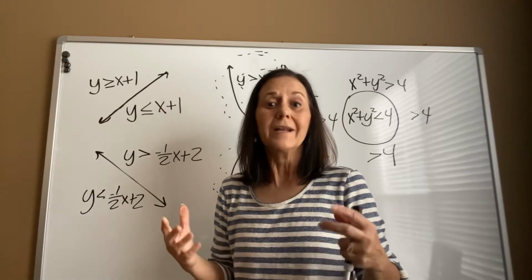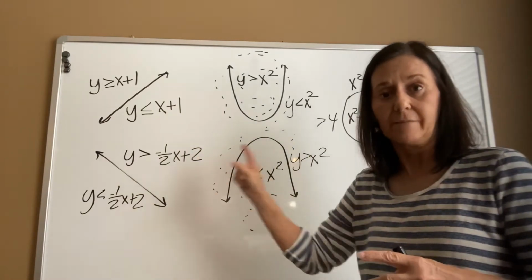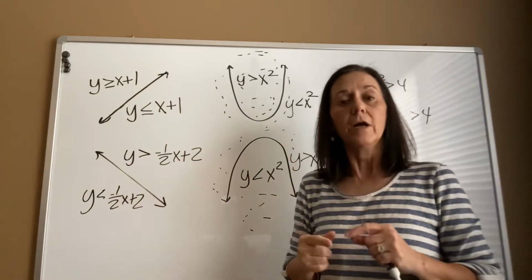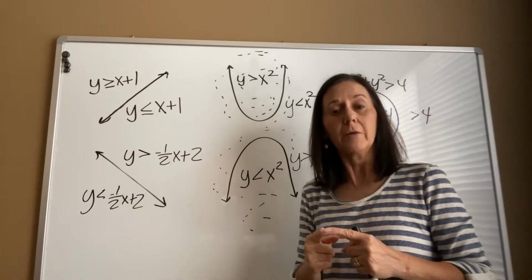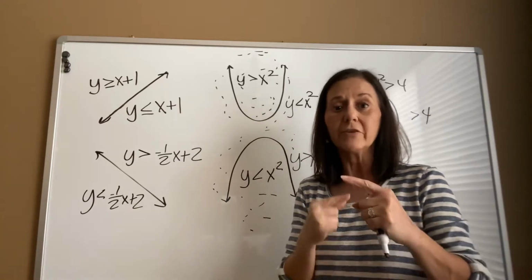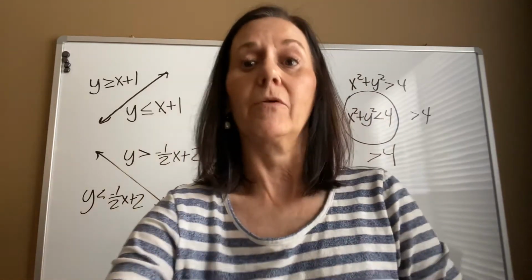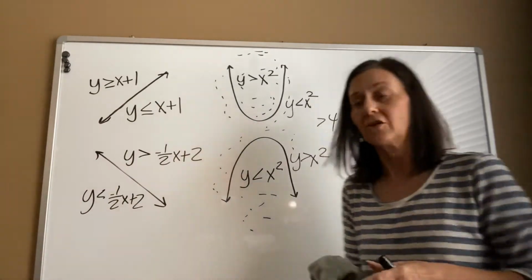And you have to choose an area that satisfies both, utilizing these concepts. Once we choose the area, we're going to pick a coordinate point and plug that coordinate point into both of the functions to make sure that the region we have chosen is in fact correct.